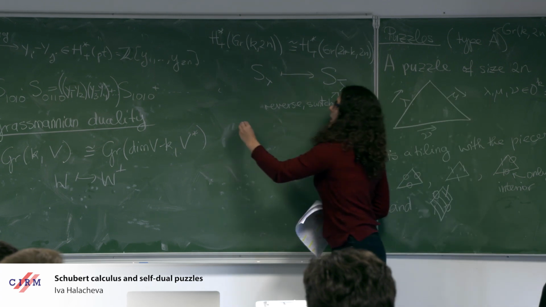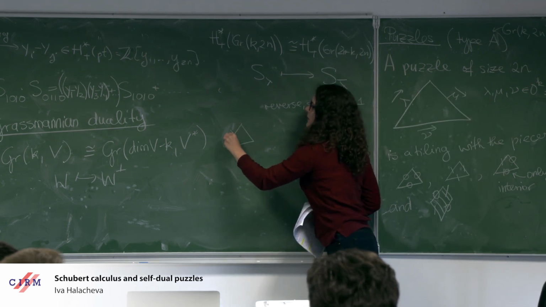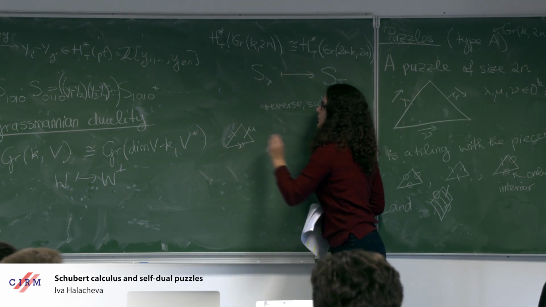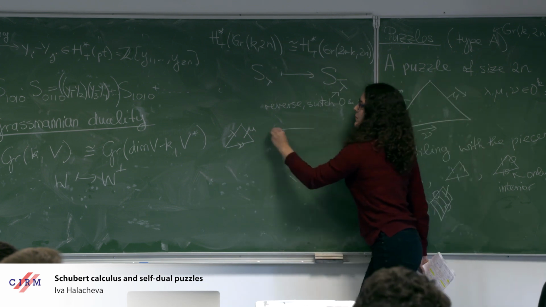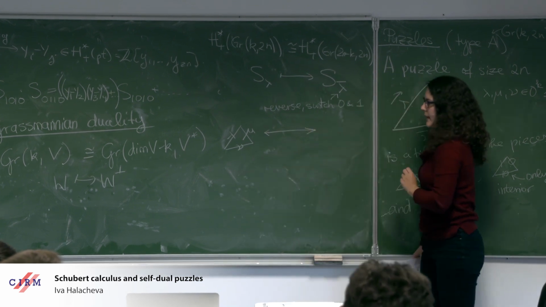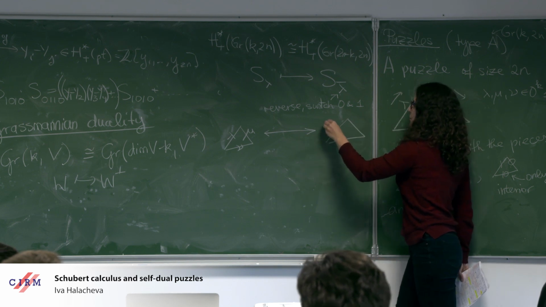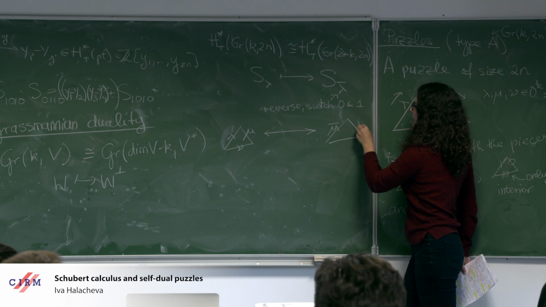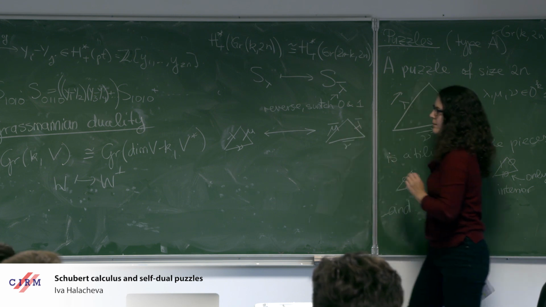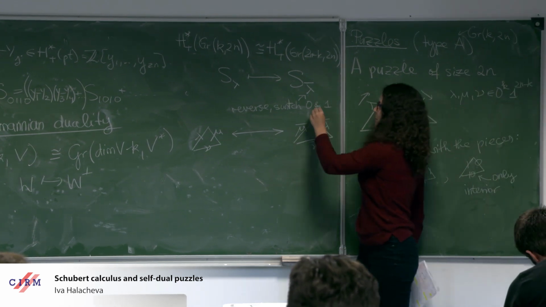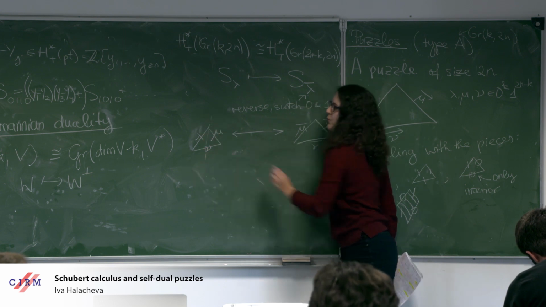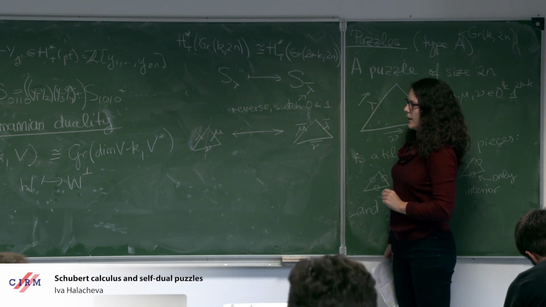And so on this side, counting puzzles of the type lambda, mu, and nu corresponds to, on this side, counting puzzles of the form mu bar, lambda bar, nu bar, which were also obtained by reflecting through this axis.